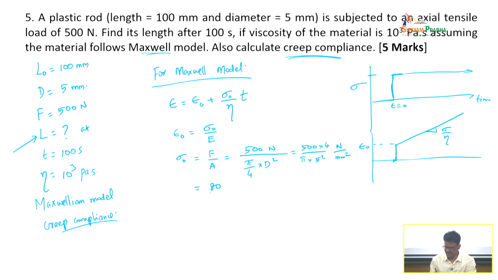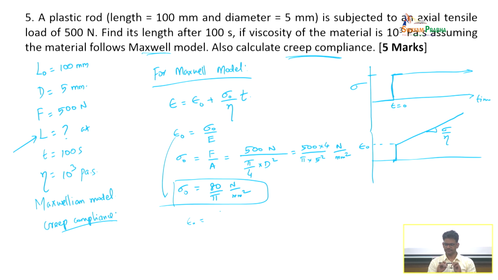That is basically 80 by pi Newton per millimeter square. This is the actual stress applied to the material. But to calculate epsilon naught, you also need Young's modulus, and Young's modulus is not given. So, epsilon naught is simply sigma naught by Young's modulus. Unless that is mentioned, you cannot know epsilon naught, so you have to keep that as a parameter.